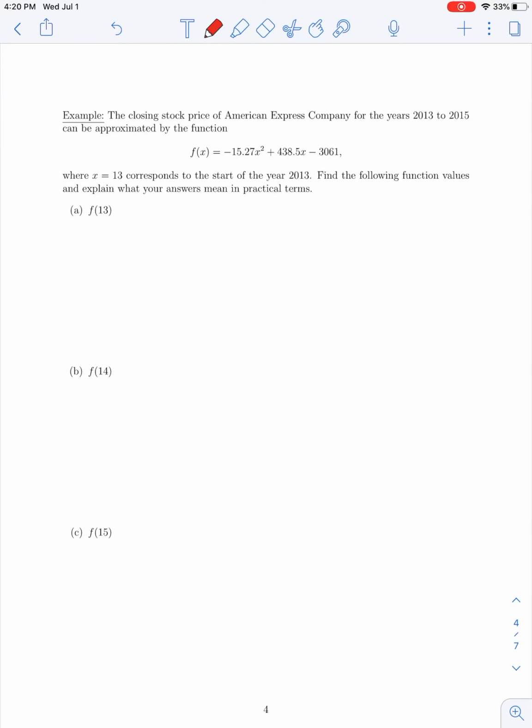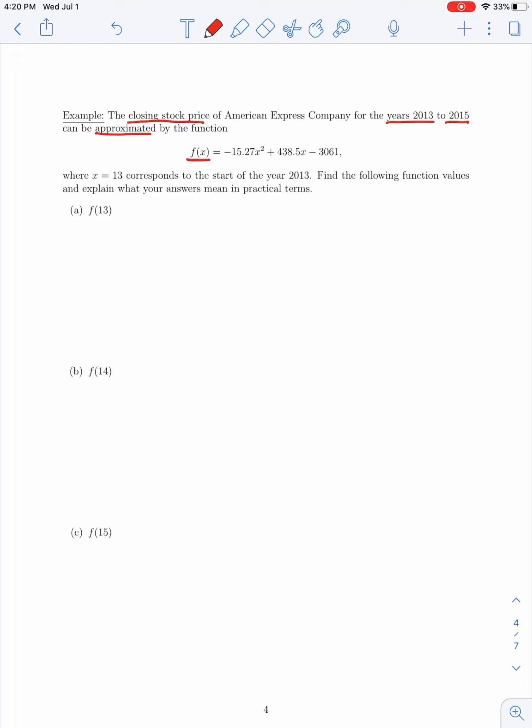All right. Now, this is a course in business calculus, so we will be considering some applications in business, economics, finance throughout the course. So to introduce some application that involves functions in Chapter 3, we're given the following problem. Here we're told the closing stock price of the American Express Company for the years 2013 to 2015 can be approximated by the following function.